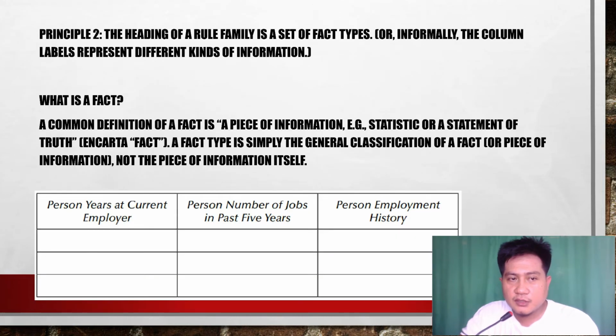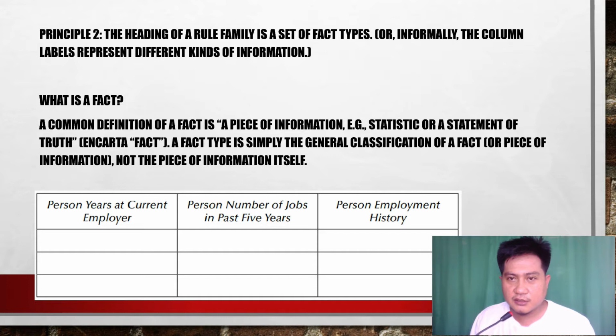So the second principle is: the heading of a rule family is a set of fact types, or informally the column labels. The labels represent different kinds of information. So the previous slide talks that the first principle is about the heading and the body, the 2-dimensional table.